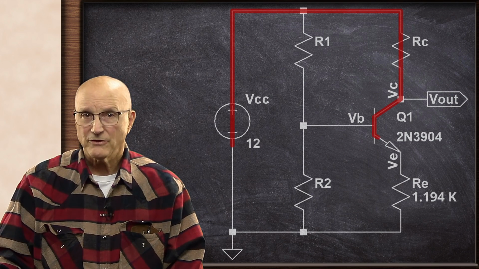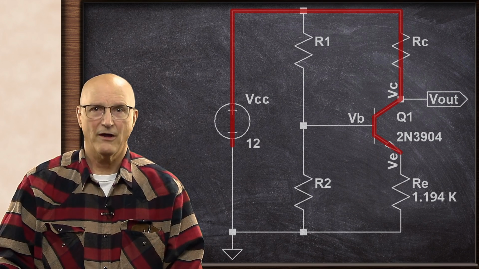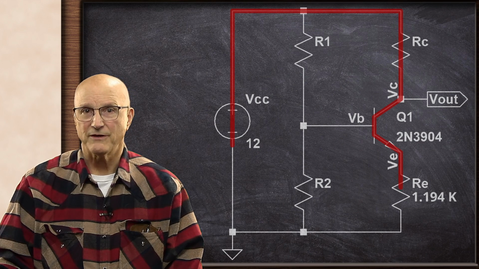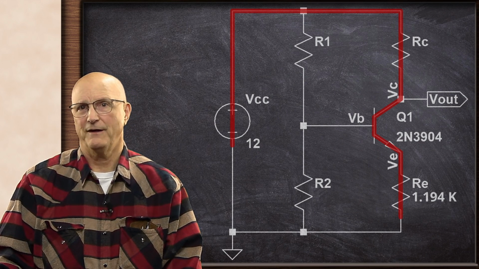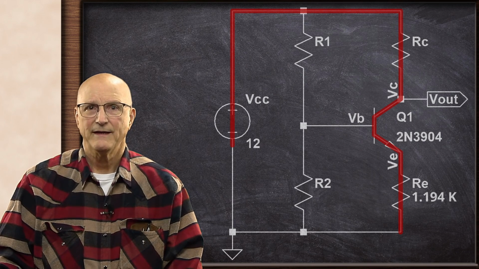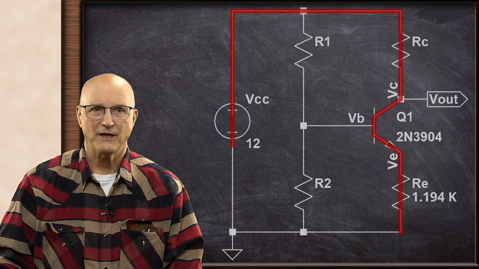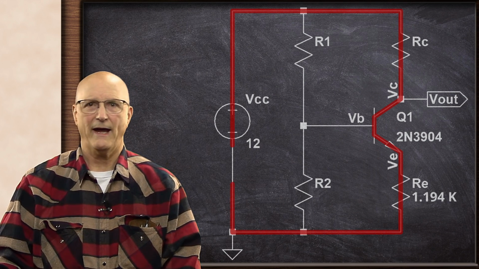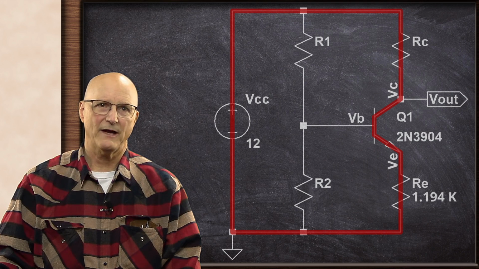Traveling from the collector to the emitter is yet another voltage drop, another negative voltage change. We have come to the emitter resistor and experience yet another voltage drop as we travel to the ground connection. This is a negative voltage change. We have finally arrived at the ground connection and back to the negative terminal of the power supply.